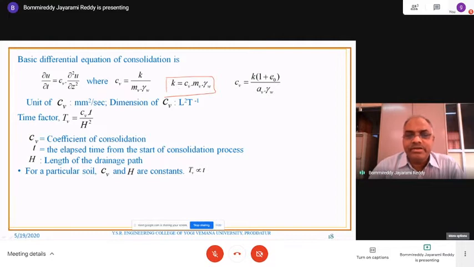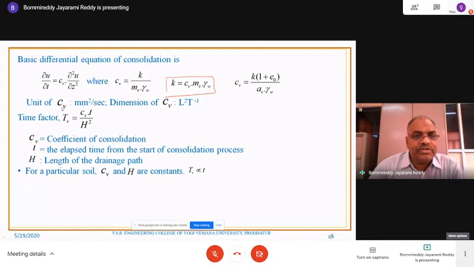In the Cv formula, you can also substitute Mv. Once you know the basic equations, you can get any number of equations. What is Mv? Mv is nothing but av/(1+e0), so that equation can also be put in terms of av. Cv is the coefficient of consolidation.